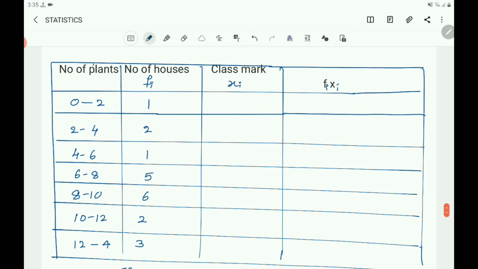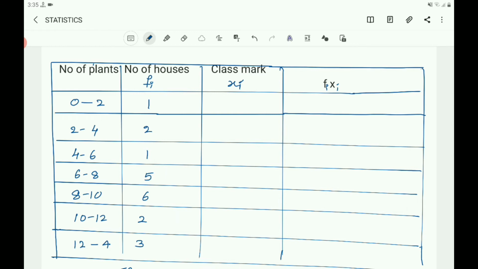Now the third column we have to fill here. You know that class mark equals lower limit plus upper limit by 2, or upper limit plus lower limit by 2.